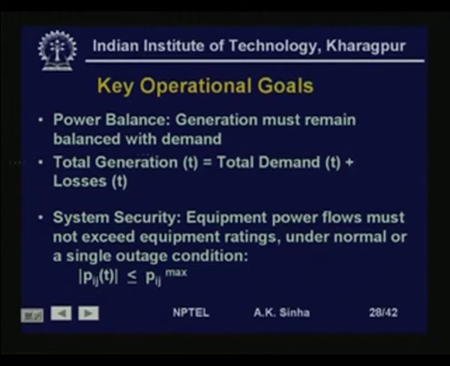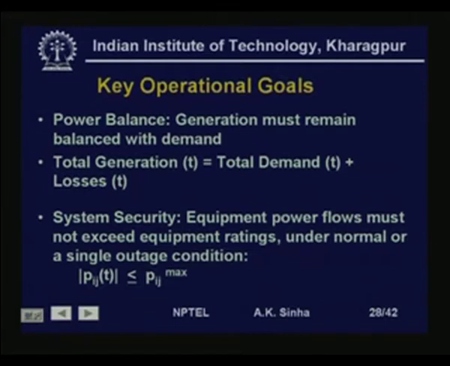So, the total generation must balance this total demand plus losses, and only then will the frequency of the system, that is the speed of the generators, remain constant. This is done by means of power system control. Of course, instead of each operator trying to maintain the frequency, as was done earlier by manual control, now we have automatic devices to do this.